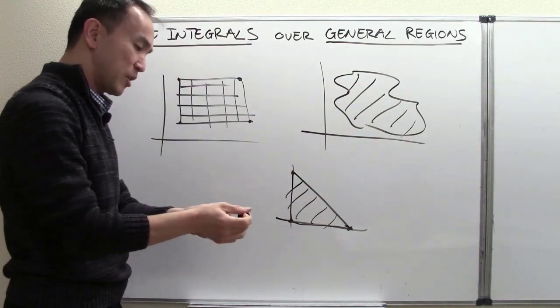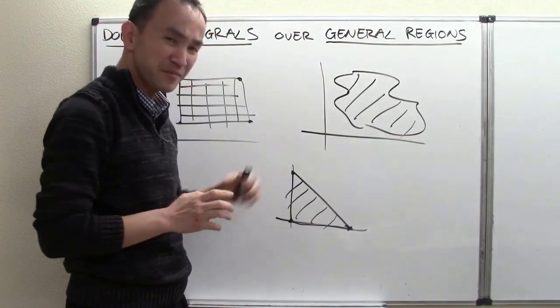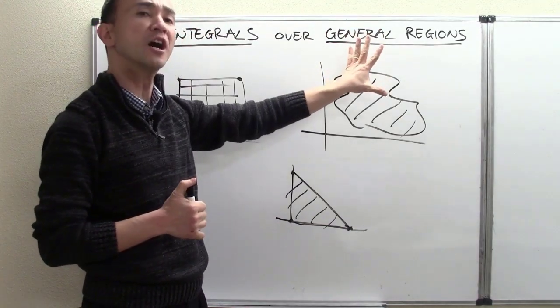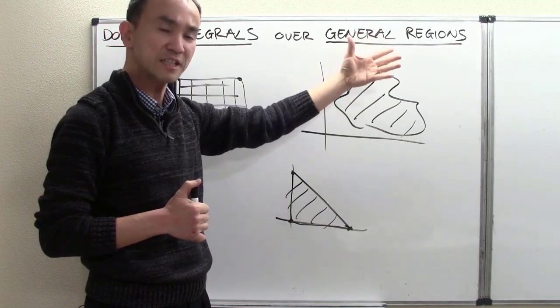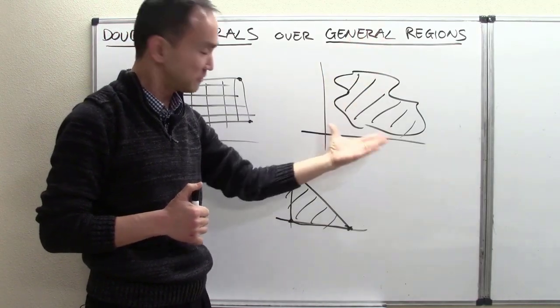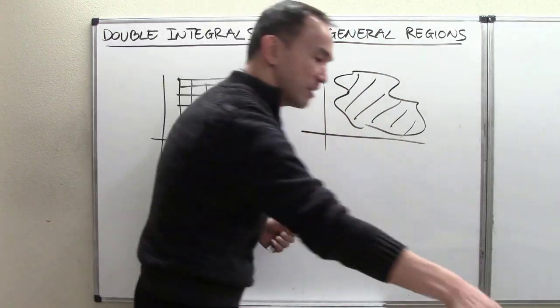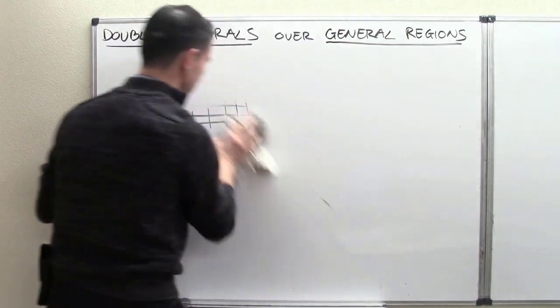I'm using the term general regions in the title of this topic simply to align with many textbook authors who name the regions that way. But the way I see it, general regions simply means a non-rectangular region.